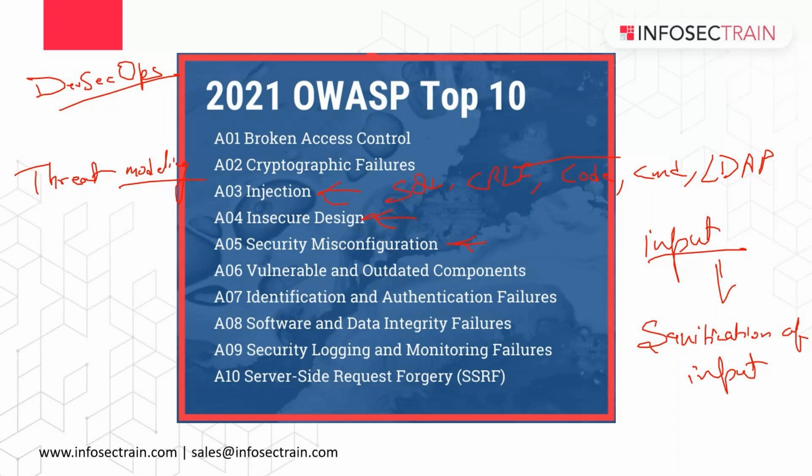That is incorrect configuration. Like we did with missing functional level access control: access control was there until someone changed it. We changed it, we got the access. So that is incorrect configuration.